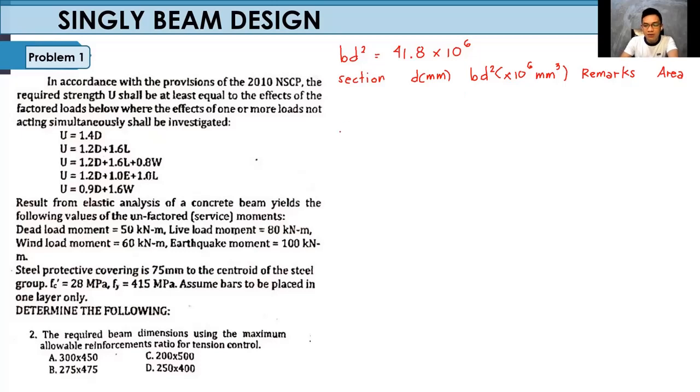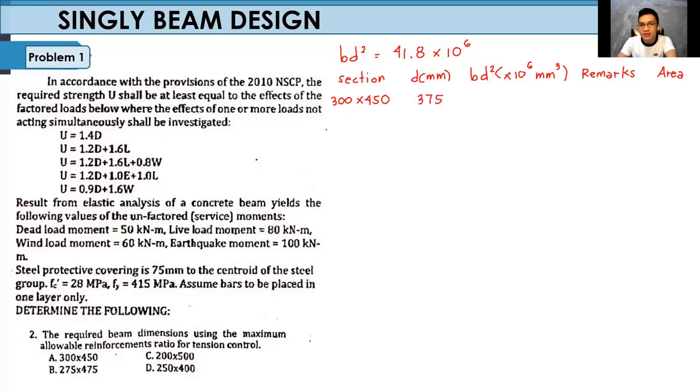Okay? So, section natin na unang gagamitin is yung 300, yung letter A, by 450. Therefore, sabi kanina, yung ating steel protective covering is 75. So, therefore, 450 minus 75. Ang depth natin or effective depth would be 375.